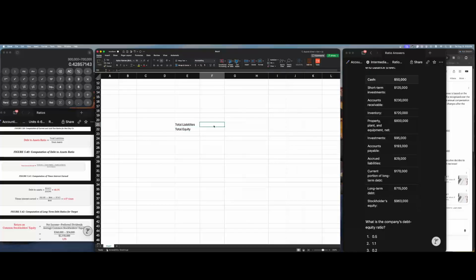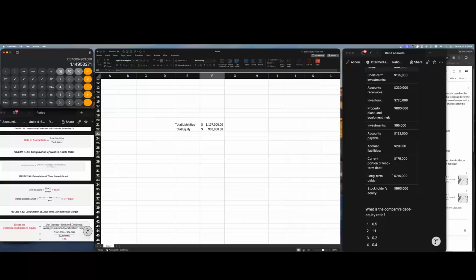Liabilities would include pretty much all of the liabilities, like AP and others, divided by total stockholders' equity. 1.1.